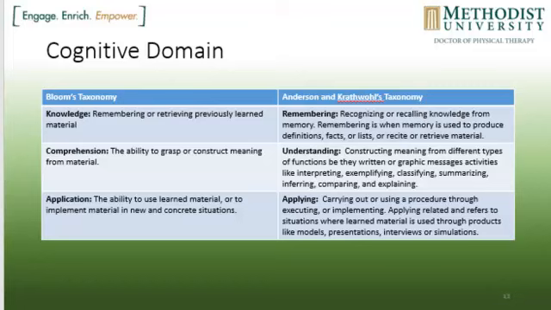Application is being able to use that material in new situations. You can go all the way through applying, which is carrying out a procedure through executing or implementing, and applying related and refers to situations where learned material is used through products like models, presentations, interviews, and simulations.